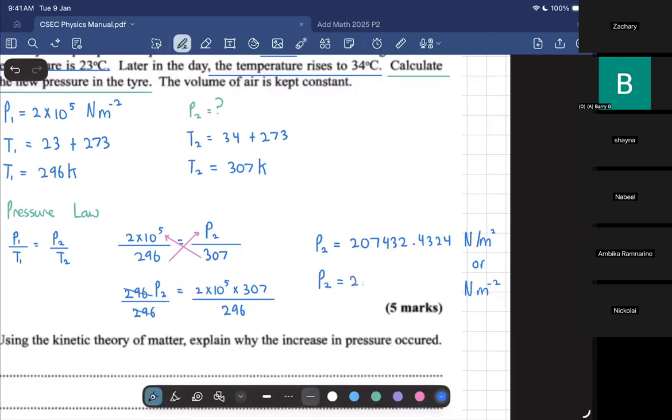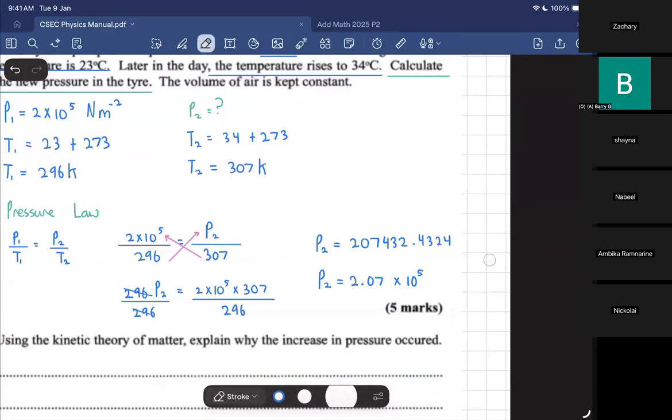That's going to be 2 point what? So that'll be 2.07 by 10 to what power? 5. Right. And you put the units.